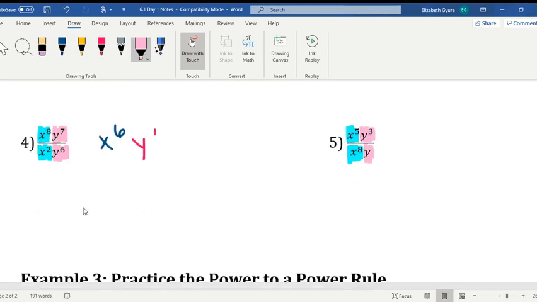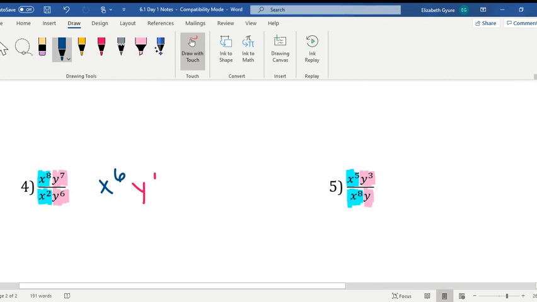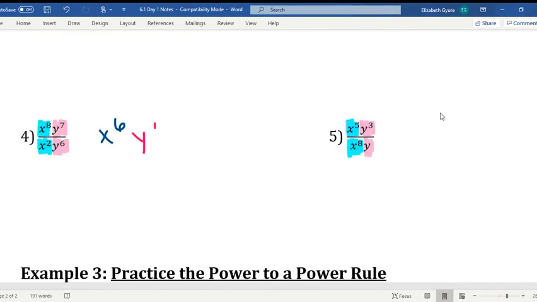Let's take a look at our x's. Do I have more x's on the top or the bottom? Bottom. Yep, I have more x's on the bottom.